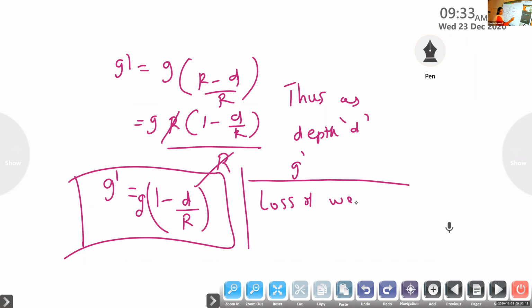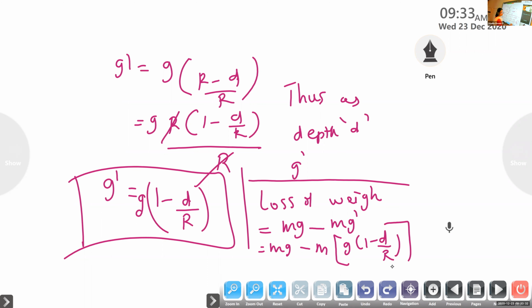I'm not going for much detail. Loss of weight, we can directly write mg minus mg dash. Substitute this value here, that is mg minus m into g dash, where g dash equals g into (1 minus d by R).